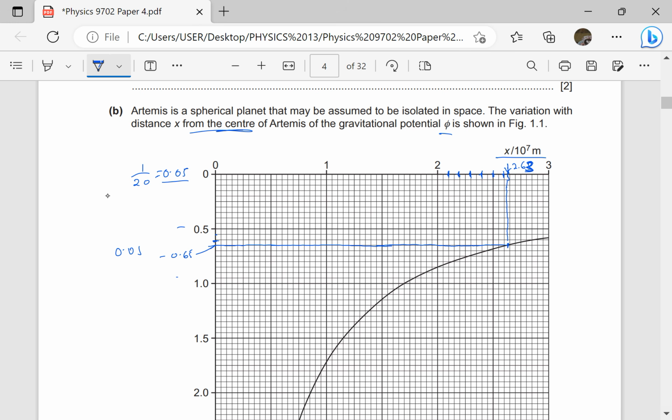This would have been 2.65, but because we are in between here and have not reached a full box, I took approximately 2.63.